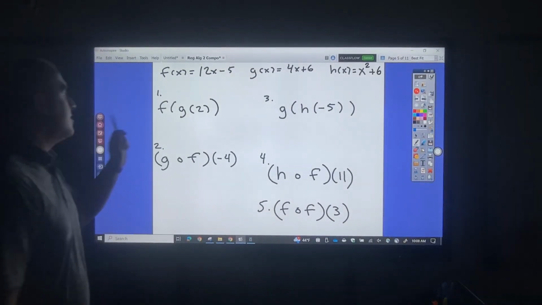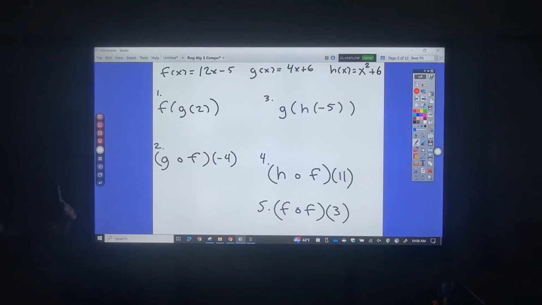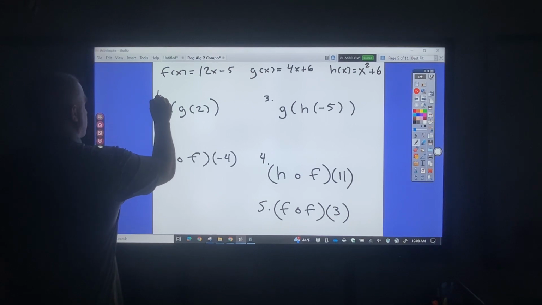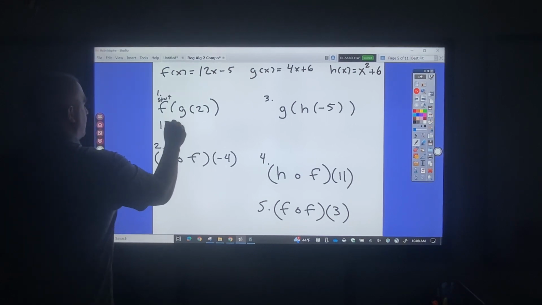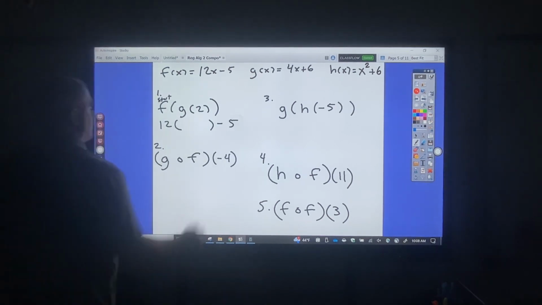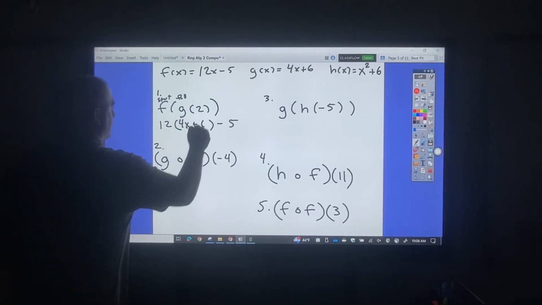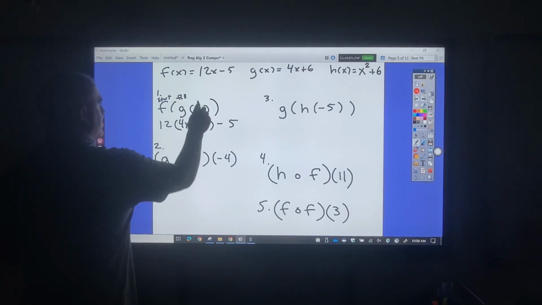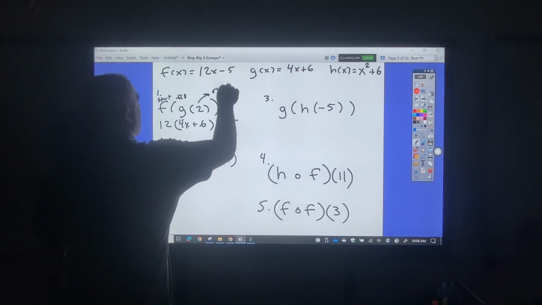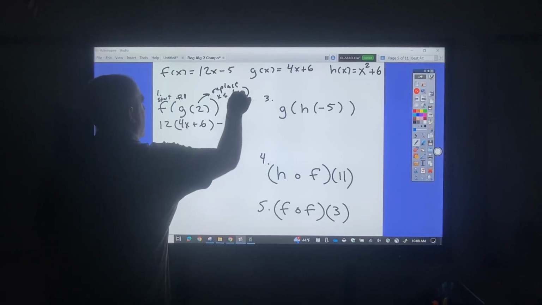Okay, so let's talk about when there's a number. Not much different, just easier on the operation. Start here. 12 parentheses minus 5. Fill in here. 4x plus 6. What this means is replace the x's with a parenthesis in that number.